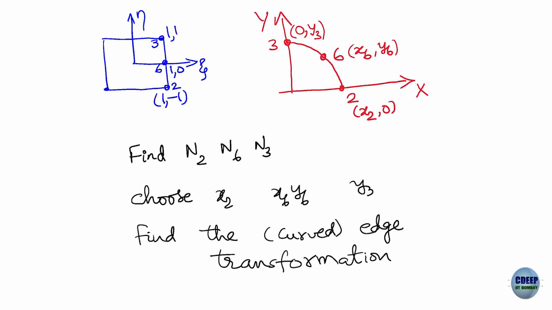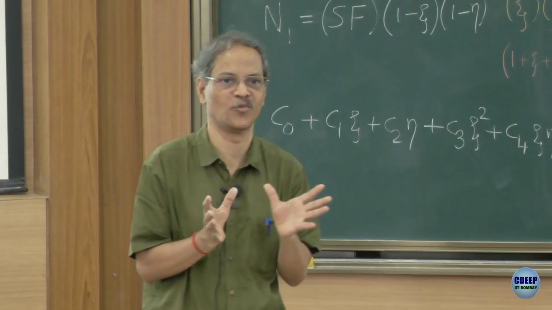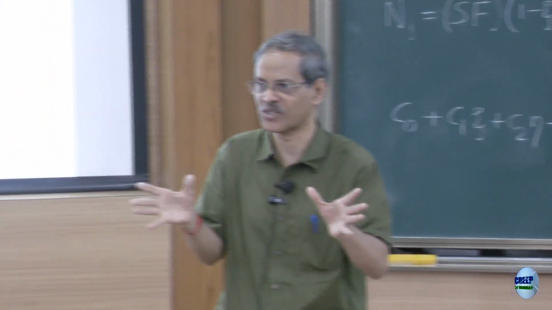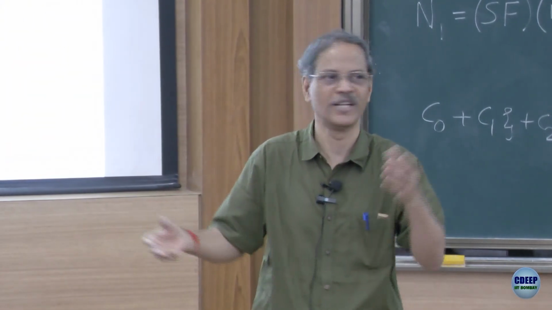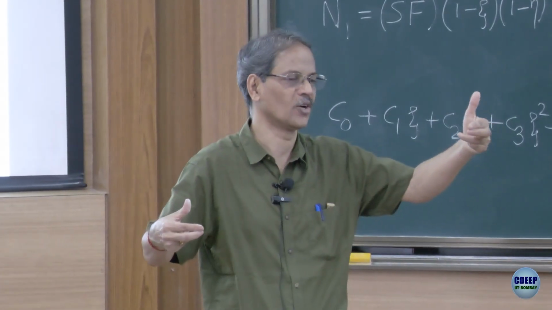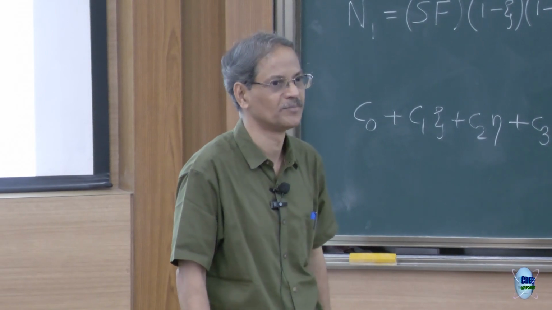Okay, before we do the exercise, let's do a thought experiment. If I choose x6, y6, how would it affect? Why are we talking so much about the choice of these nodal coordinates? x2 0, y3 0, y3 are the two nodes at the corners. Now x6, y6 is the fellow. Where do I place that fellow?